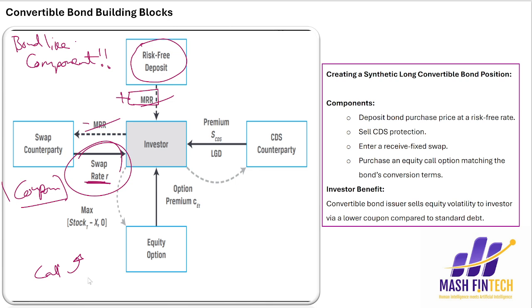Hence, the value of this call option is the maximum of the stock price minus the exercise price, or nothing if they do not exercise. They only exercise if the stock price exceeds the exercise price, if this is positive. All right. That's what they are going to enter on this side. This gives you the equity-like component.